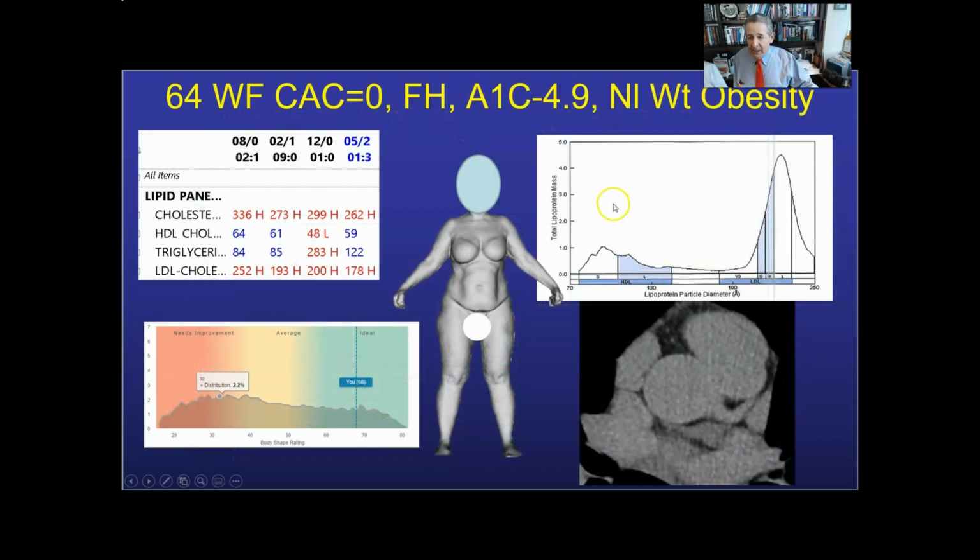Now, here's somebody with total cholesterol over 300, LDL well over 200, large particles, just like my familial hypercholesterolemia patient. She happens to be overweight, although her body shape rating is actually good, but a 0 calcium score in her mid-60s.